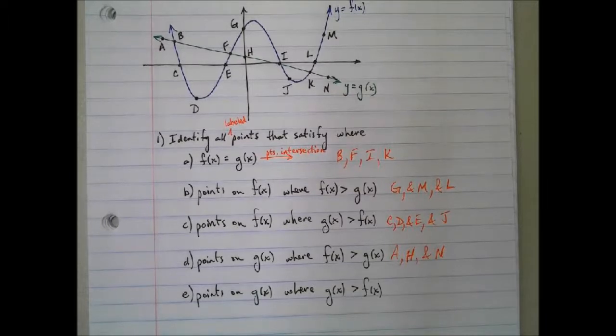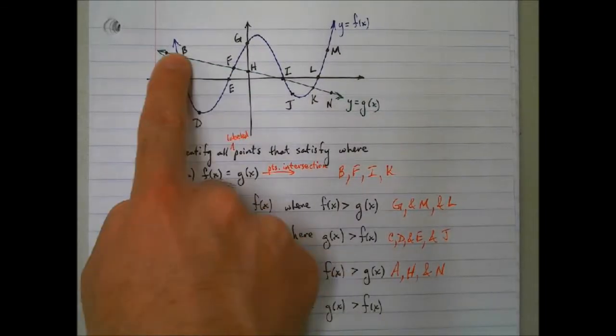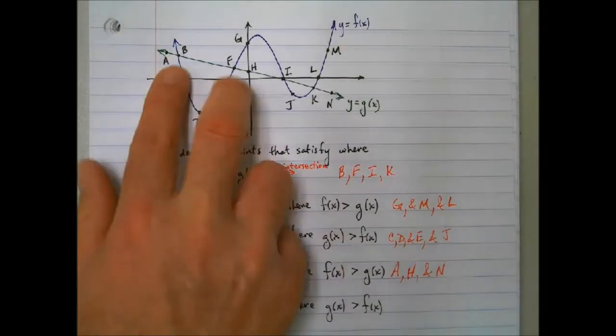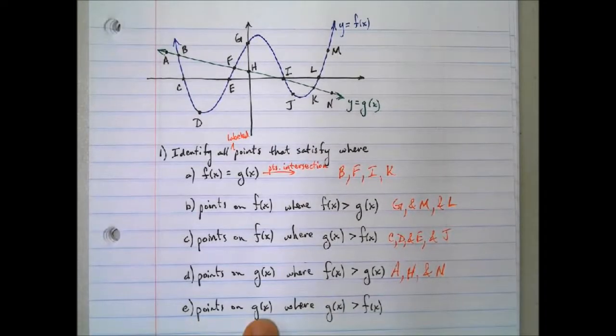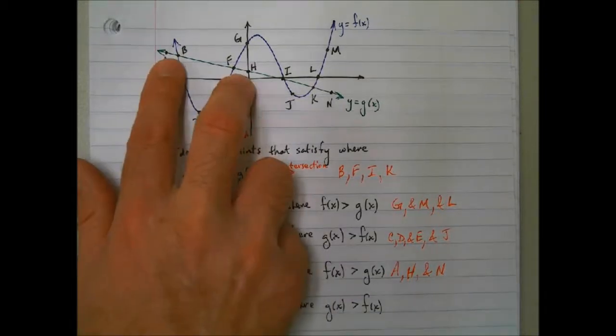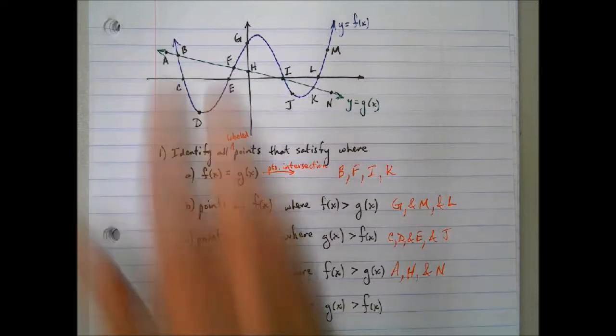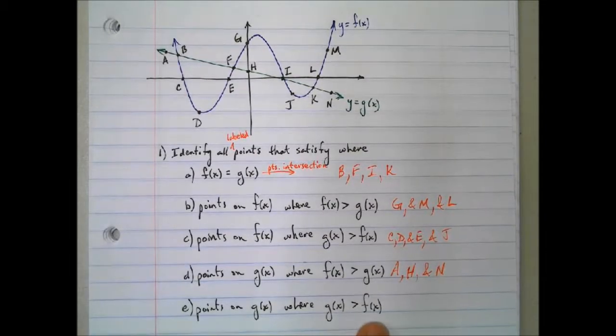So are there any points where g of x, first off, where is g of x above f? g of x is above f here, between b and f. Are there any points on g of x in that section? No. Any other place where g of x is above f of x?